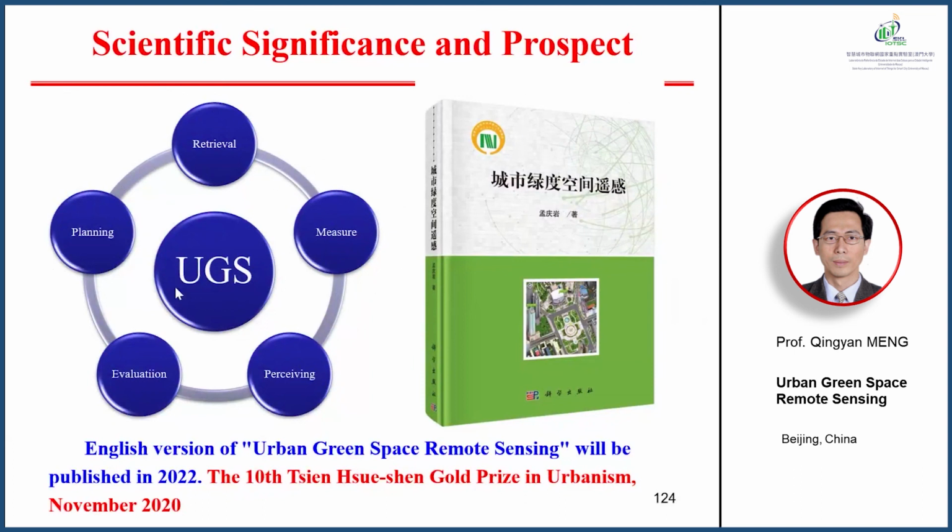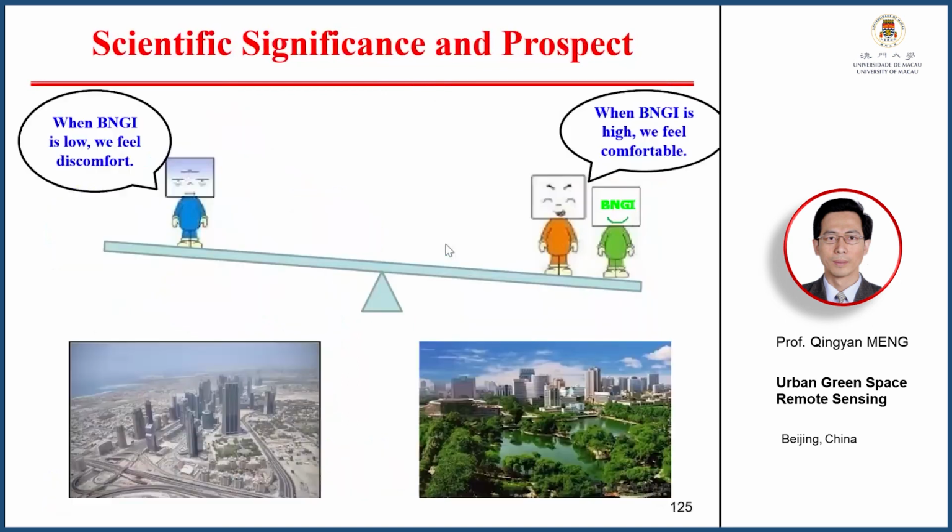This Chinese book has been published, and the English version of Remote Sensing of Urban Green Space will be published this year, perhaps in the second half of the year. If you are interested, you can read the Chinese or English version, and it has been selected as a textbook of the University of the Chinese Academy of Sciences.